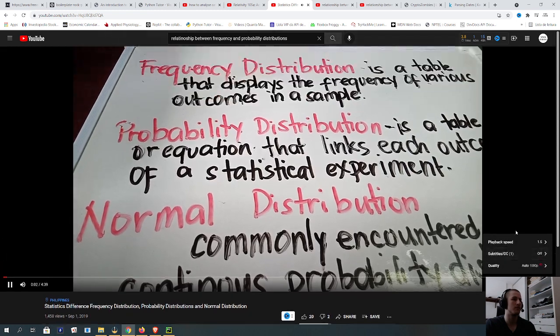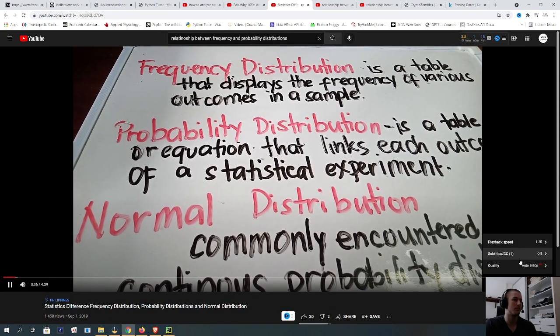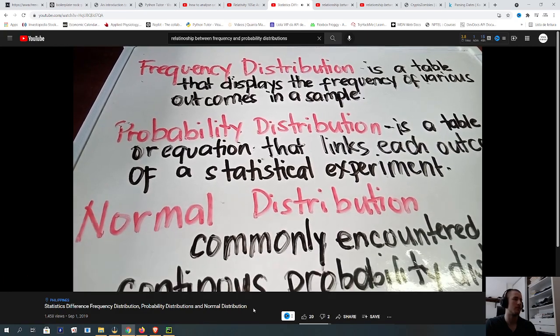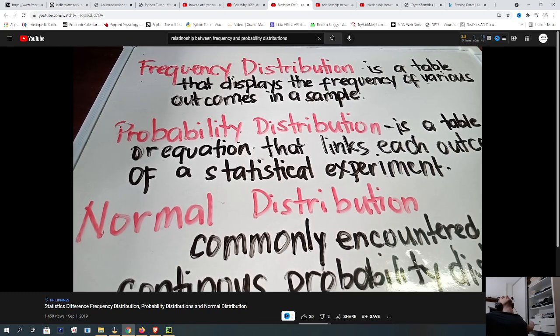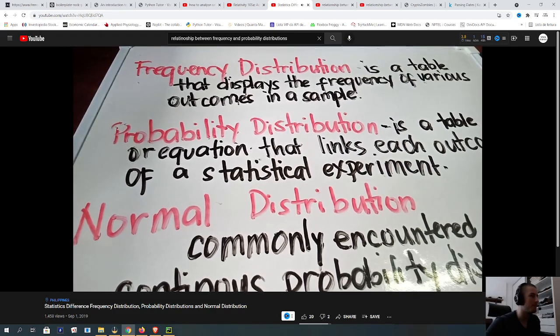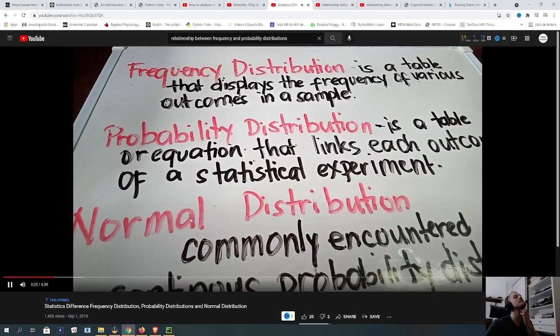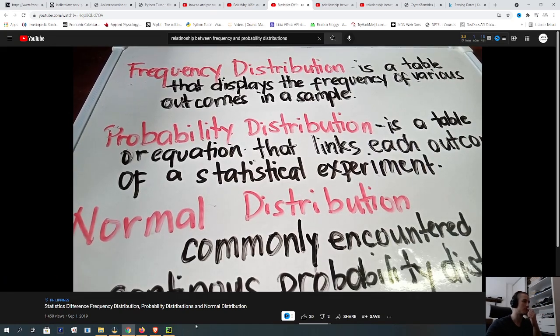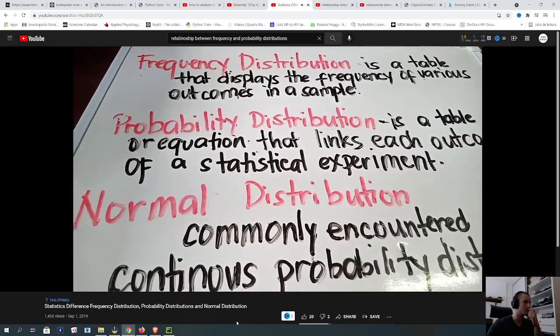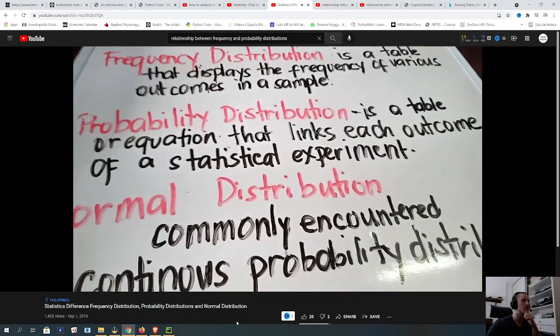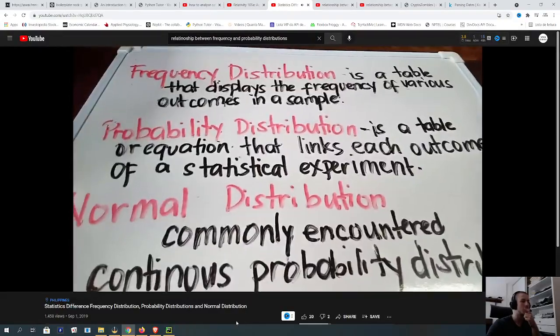Okay, let's discuss the difference between frequency distribution, probability distribution, and normal distribution. What is frequency distribution? Frequency distribution is a table that displays the frequency of various outcomes in a sample, while probability distribution is a table or equation that links each outcome of a statistical experiment to its probability, while the normal distribution is a commonly encountered continuous probability distribution.